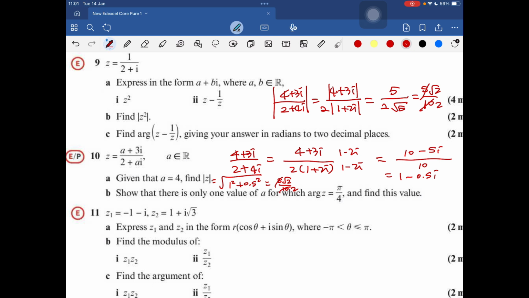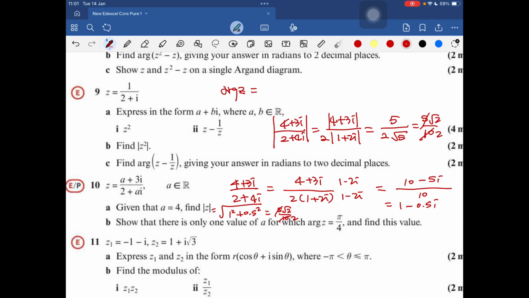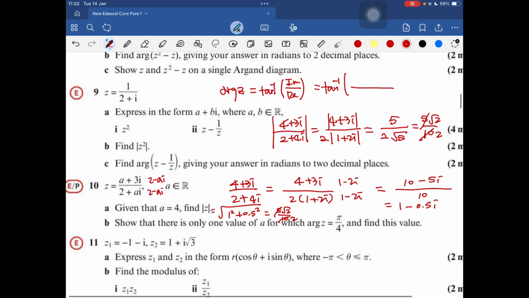The argument of z means when you find the argument, you need to find the arctangent of the imaginary part over the real part, like this. So arctangent, the imaginary part here, 2 minus ai, and 4 plus a squared.